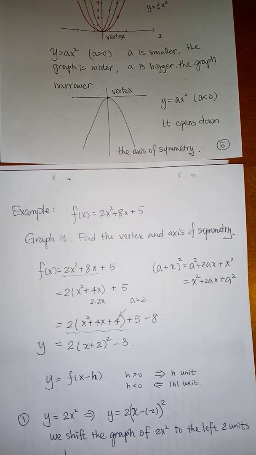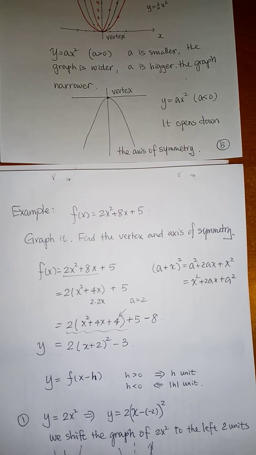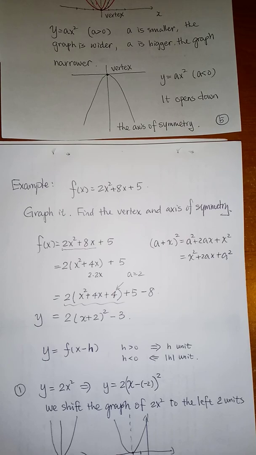So what is the process? You have this first process, and move to the left 2 units, 1 unit, 2 units. So the axis of symmetry is also shifted to the left 2 units. It becomes negative 2. Move to the left, it's minus, it's negative. Move to the right, it's a plus. Okay?